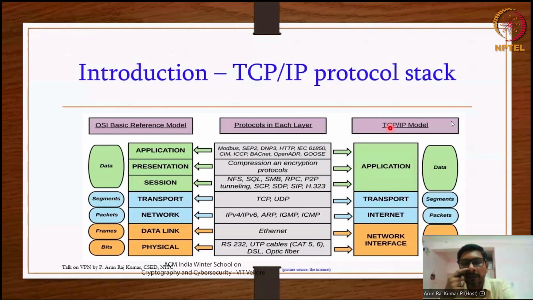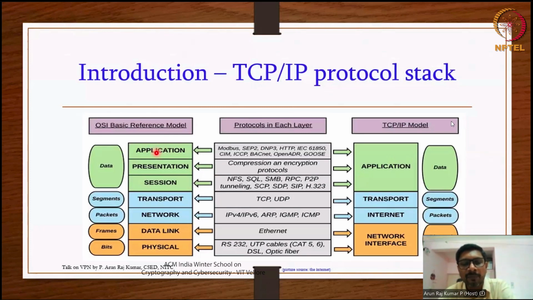For example, this is your application layer. In your browser, if you're typing www.google.com, that is actually your data. So www.google.com is the data that you type in the application layer.